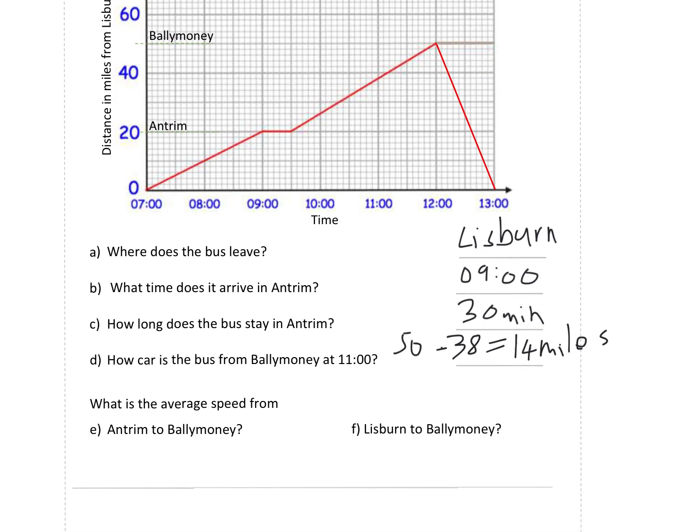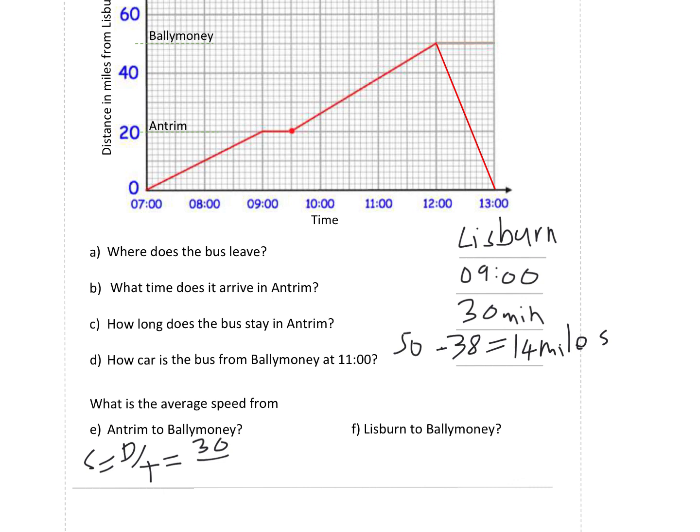Part E, what is the average speed from Antrim to Ballymoney? So average speed is the total distance divided by the total time. What's the distance from Antrim to Ballymoney? Well, Antrim is 20 miles away from Lisburn. Ballymoney is 50 miles away from Lisburn, so that's a distance of 30 miles. And how long does it take to get from Antrim to Ballymoney?